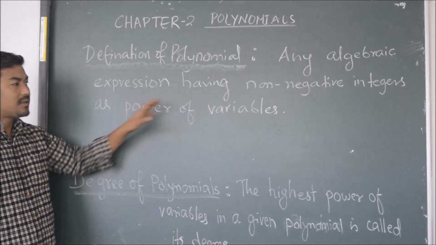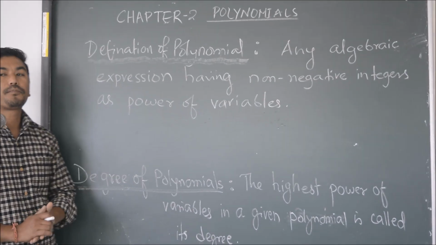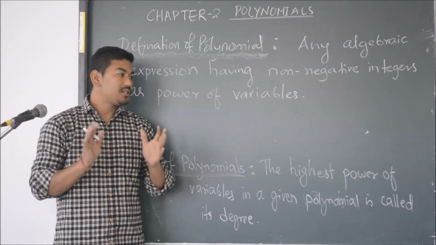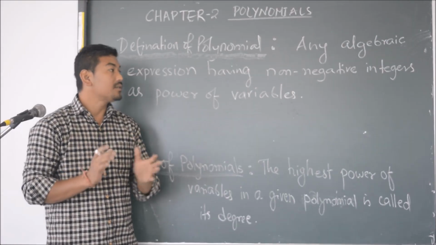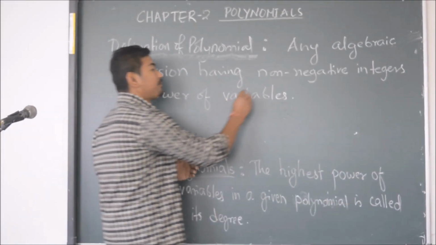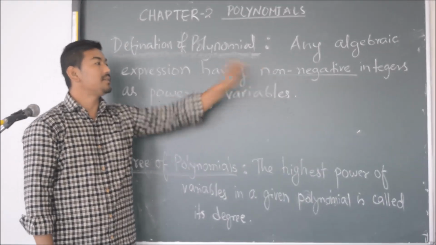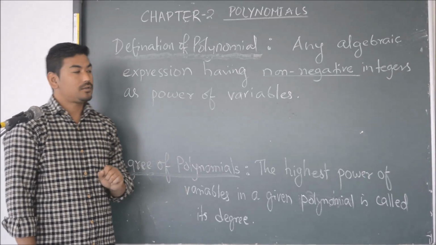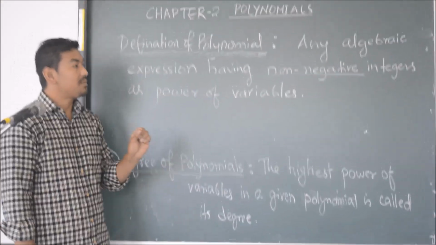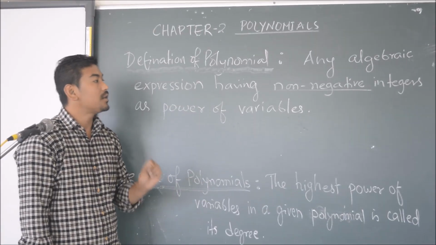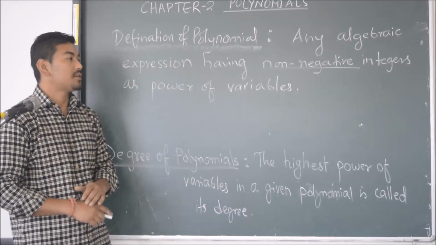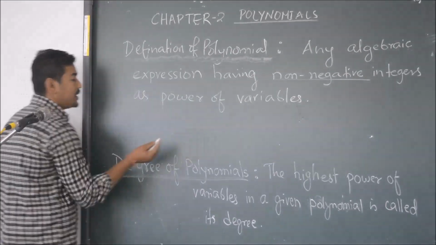This definition means you can take any algebraic expression, but the condition is that the power of the variable should be a non-negative integer. So it may be a positive integer, it may be 0, it's okay, but it should not be negative. So I'll give you some examples.